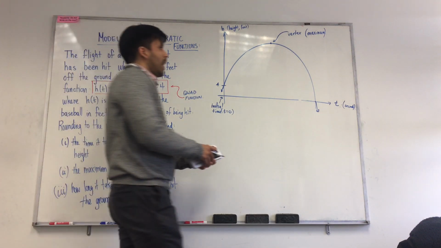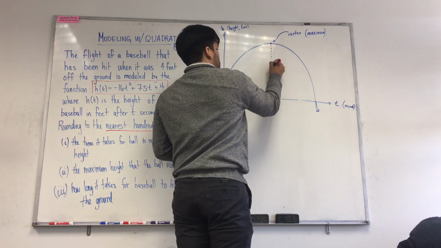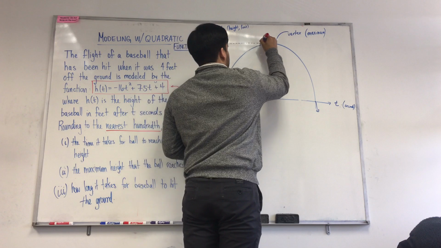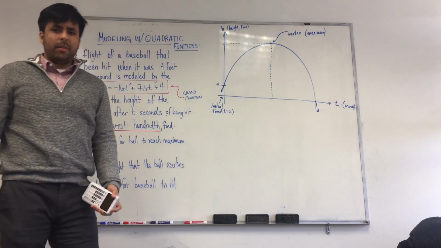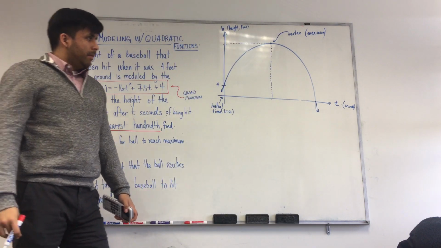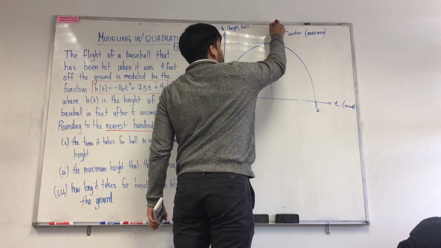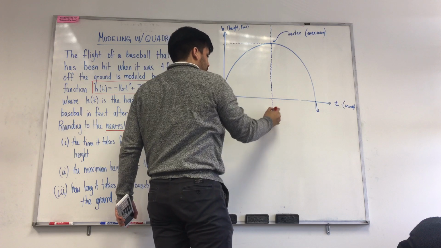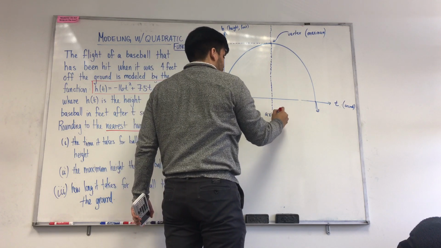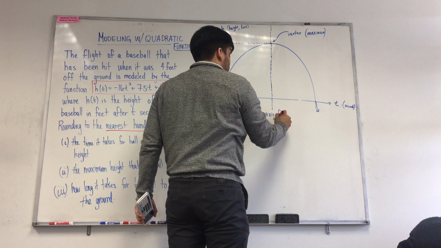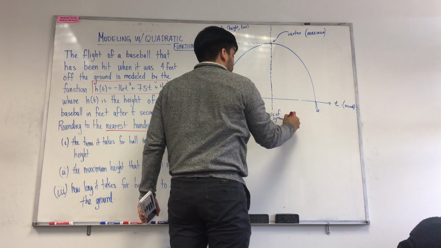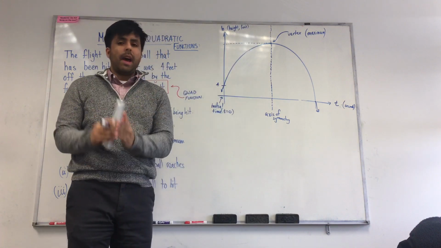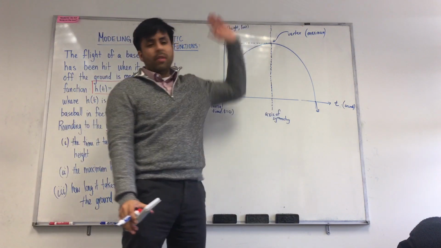And this vertex has coordinates. It has a t coordinate and an h coordinate here. And this coordinate is found if I were to find what's called the axis of symmetry. The axis of symmetry is a vertical line that divides the parabola into two equal halves, and that goes right through the vertex.